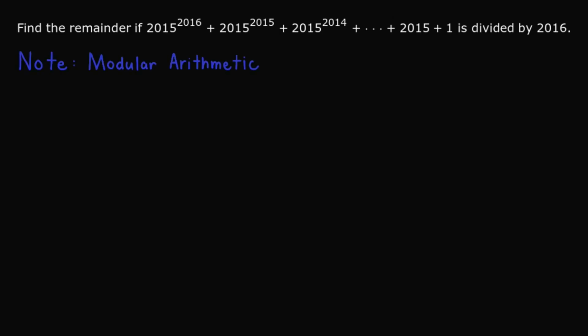There's a lot of things that need to be said to discuss this one, but in a nutshell, when we say modular arithmetic, this tells us that if m divides a minus b, wherein m is a natural number or a positive integer, and a and b are integers, then we can write this as a is congruent to b modulo m.